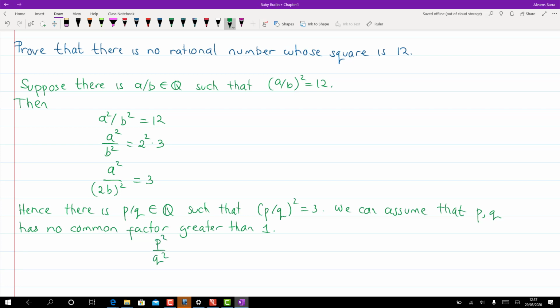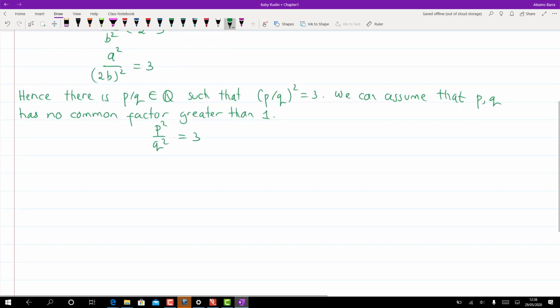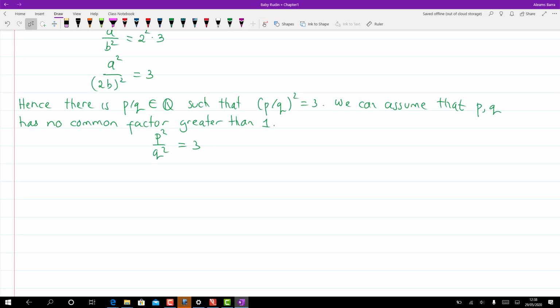Now we rewrite as follows: p squared over q squared is equal to 3, so p squared is equal to 3q squared. Let me write this down as the star equation. We can see first that 3 is a factor of p squared, right?